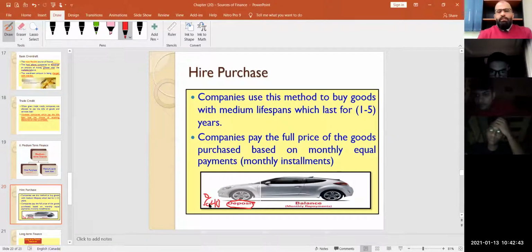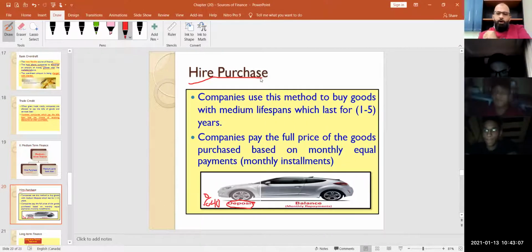Instead of paying 100% of the price of the trucks, you're going to use the hire purchase. Instead of paying the full price of the car today, you're just going to pay 40%. So you'll have more cash, right?